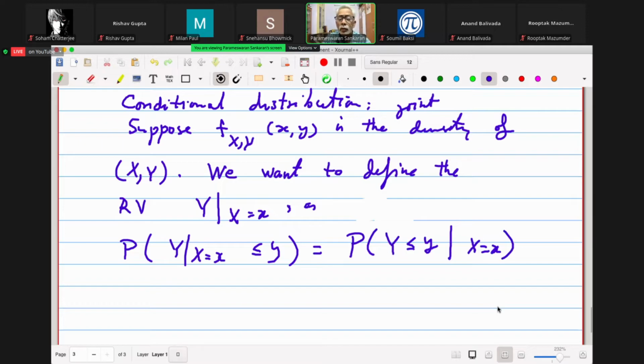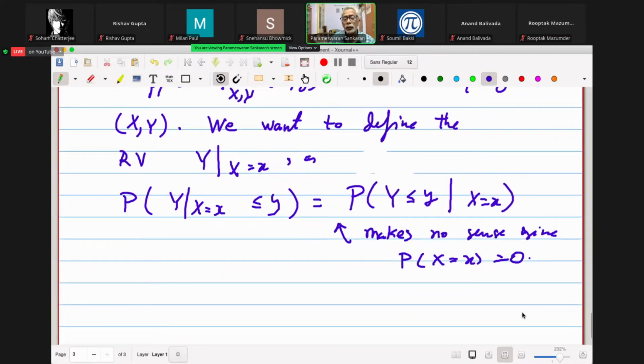But this makes no sense since the probability of X equals x is 0. When you have a continuous random variable, the probability of taking a specific value is always 0. But you can make sense of it in the limit.